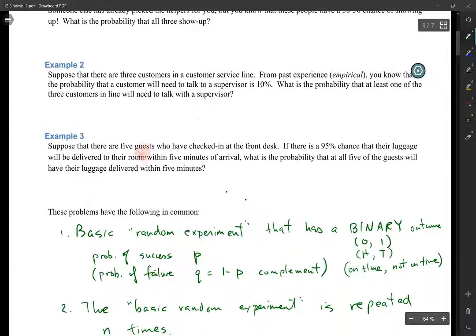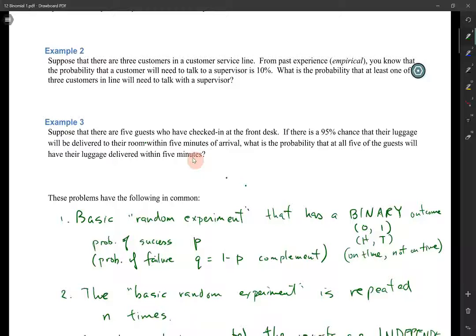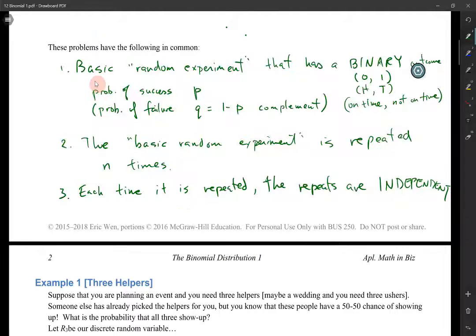With the 5 guests, each repeat of the experiment is going to be different. You assume that they're independent. And so that's actually an important assumption in order to use the binomial distribution to solve problems. Okay? Does that make sense?